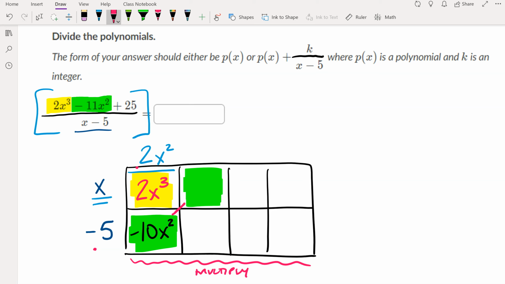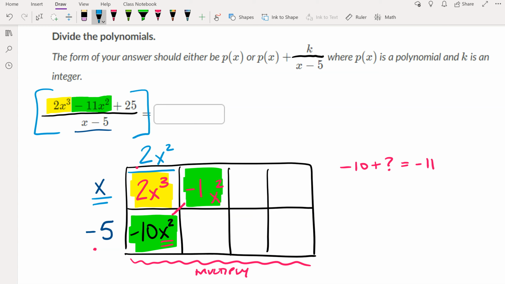So I'm going to write my little question, negative 10 plus what gives me negative 11. Negative 10 plus negative 1 gives me negative 11. So negative 1, and remember they always have the same power and variable in the diagonals, so x squared.